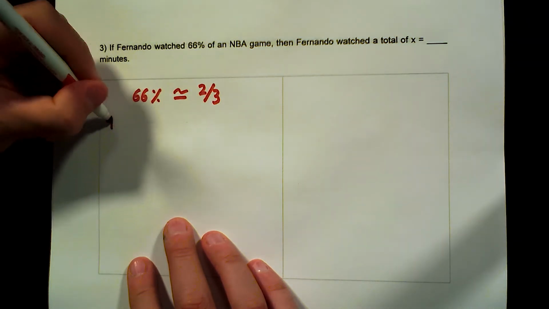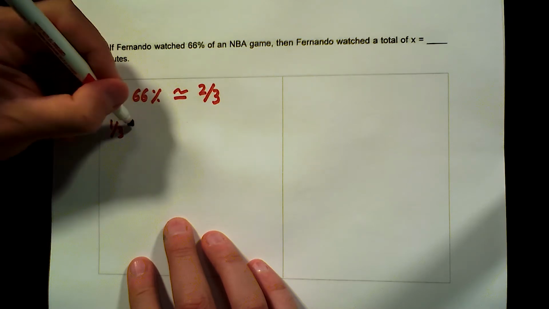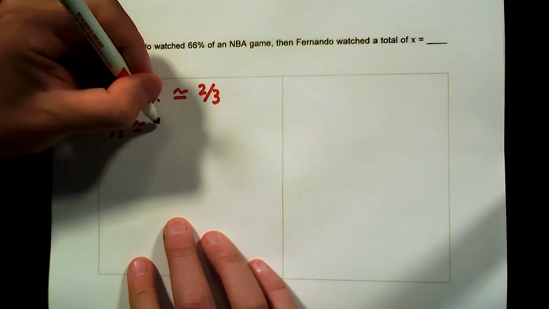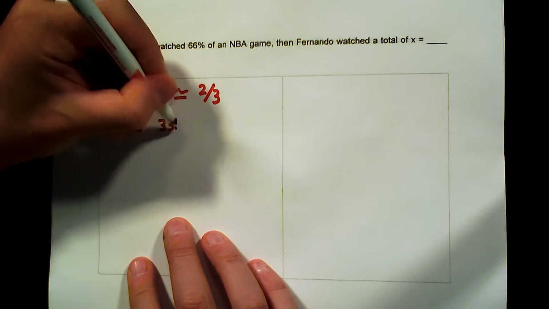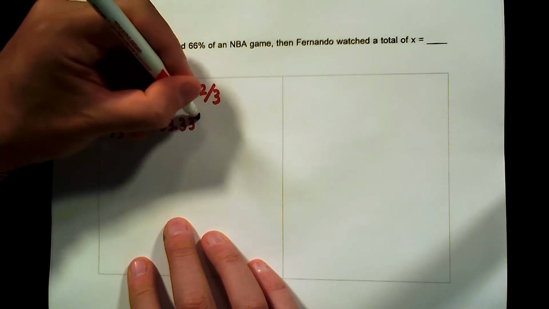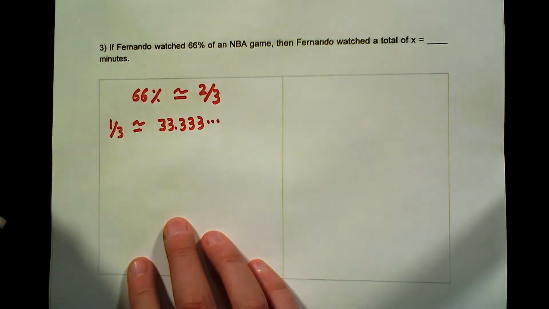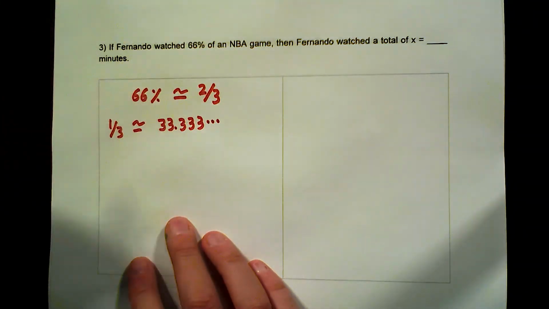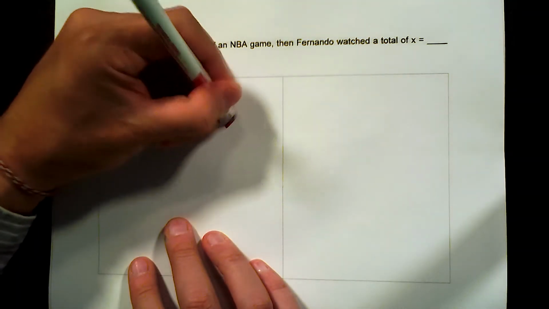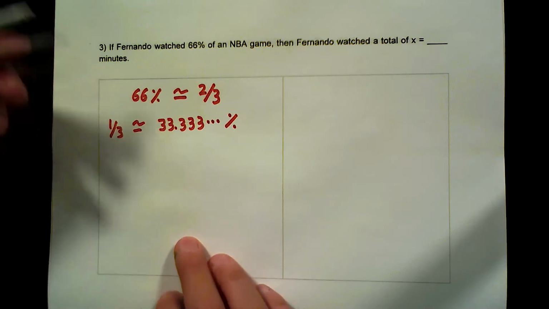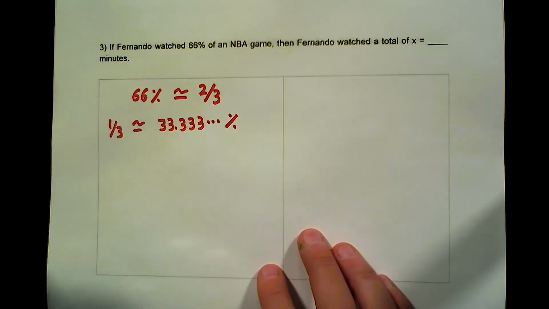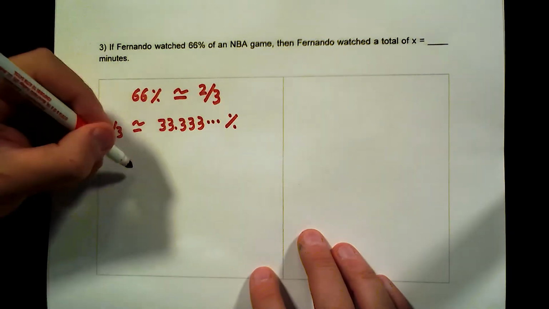And why is that? Well, because 1/3 corresponds to 33.333 forever percent. Yeah, 1/3, 33%. So this approximation is good. 66% is roughly that. So how can we do this?